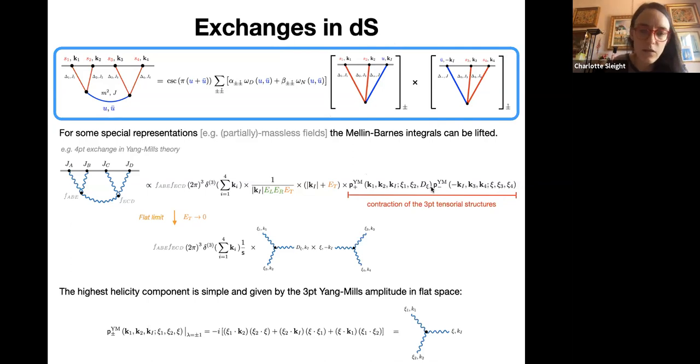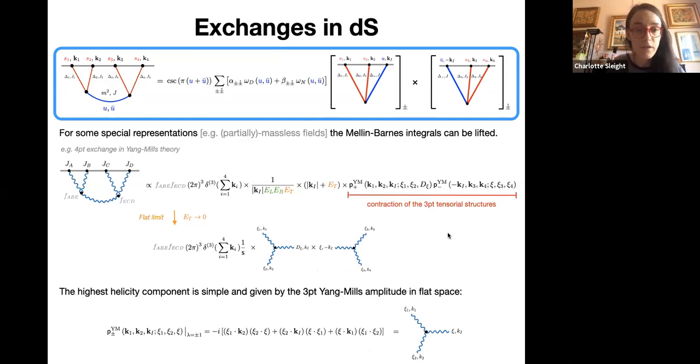And a nice thing to note is that if you look at these 3-point tensorial structures, even at the level of the Mellin representation, and you restrict to the highest helicity components, this tensorial structure is quite simple, and it's actually equal to the 3-point Yang-Mills amplitude in flat space. So the leading helicity component of this tensorial structure takes this form shown here. This makes manifest that when you take the flat limit, you recover the Yang-Mills exchange amplitude in flat space.